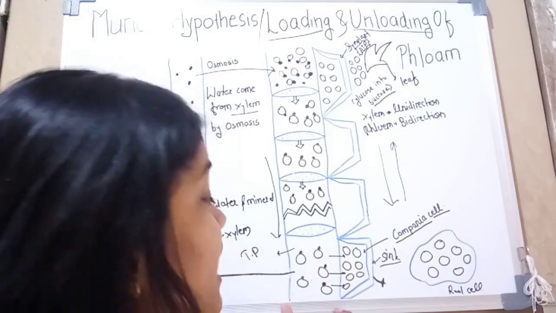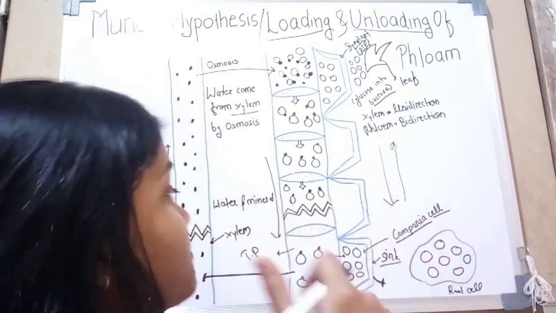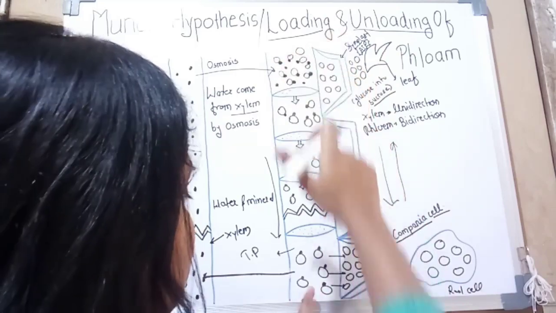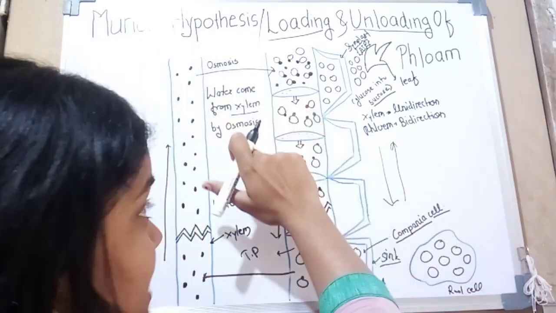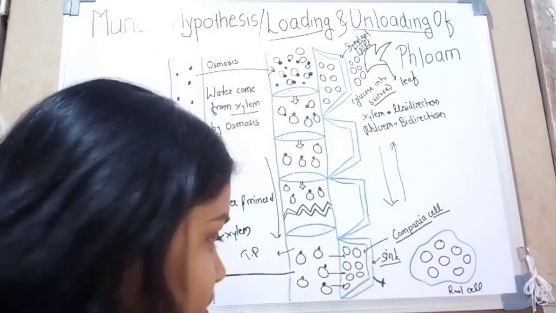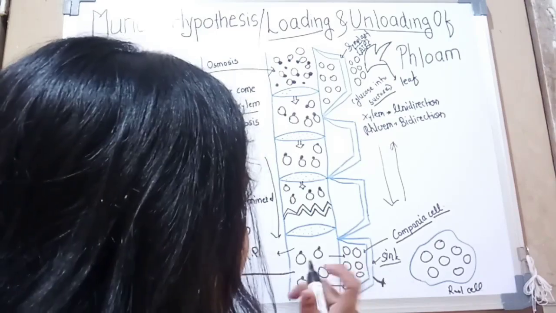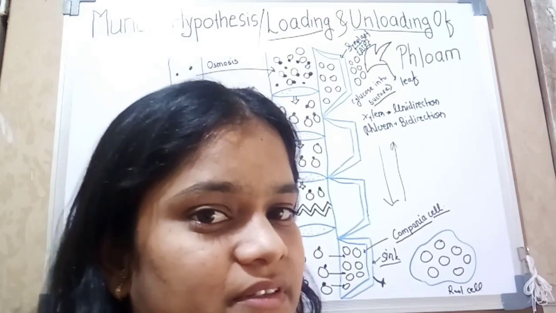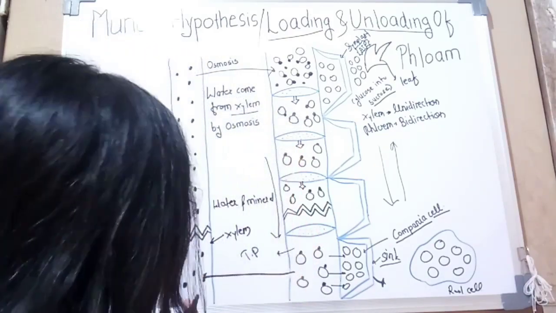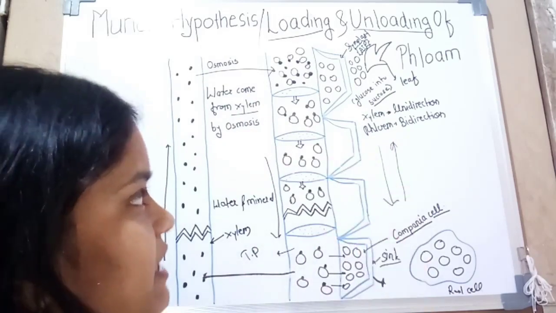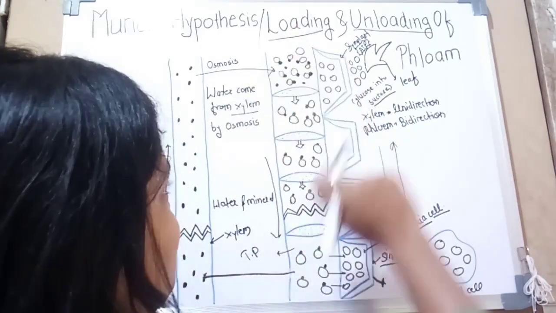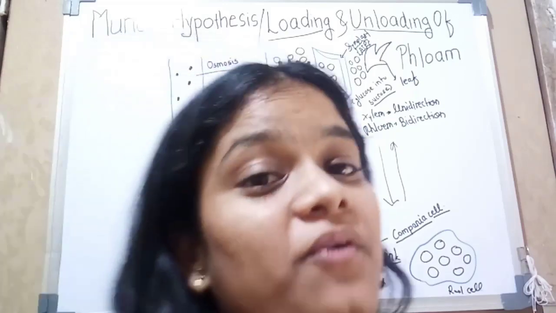This gradient is responsible for drawing in more sucrose, which is stored inside the sink cell. The sink cell further carries out the metabolic activities of that region, so the sucrose molecules are utilized in further processes. Then water moves again to the xylem, and this process continues again and again. So this is all about the loading and unloading of phloem.